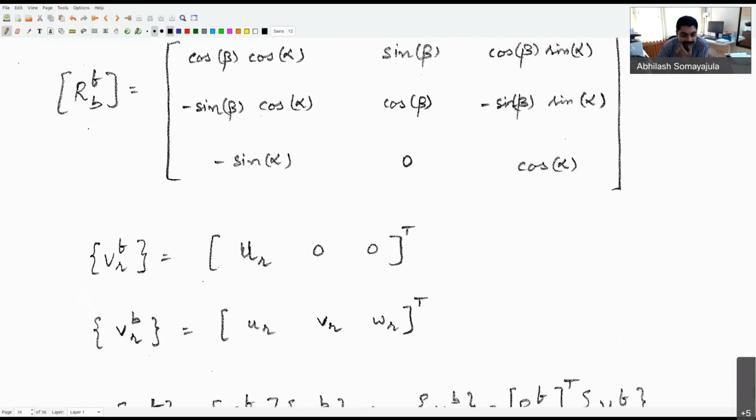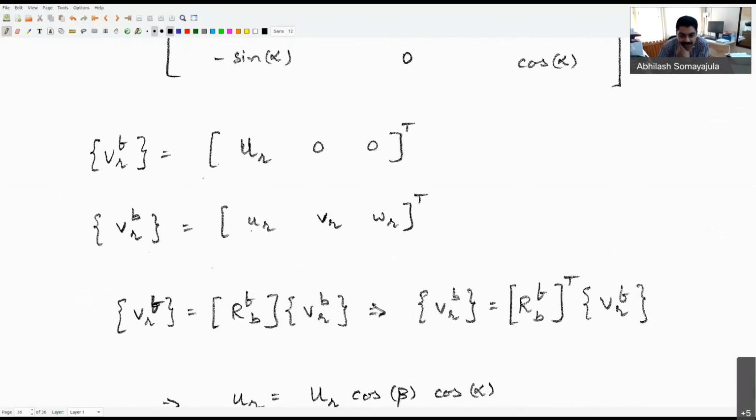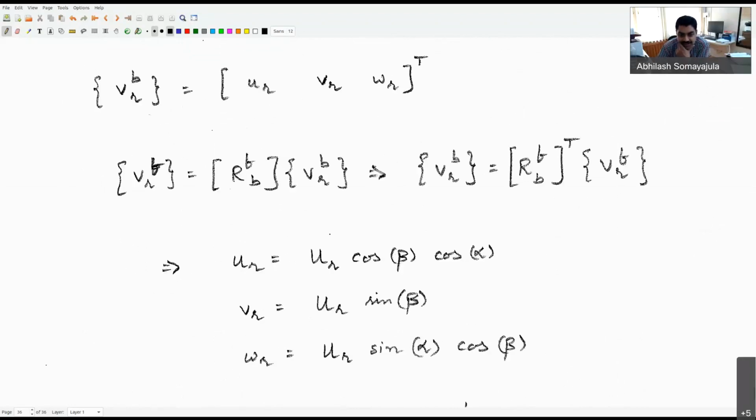So the velocity in the body fixed frame, if it has components ur, vr and wr, we simply multiply by this rotation matrix in order to get those values. So if I want to calculate V_BR, I'll take the rotation matrix from B to F, take a transpose of that and multiply that by the velocity in the flow direction.